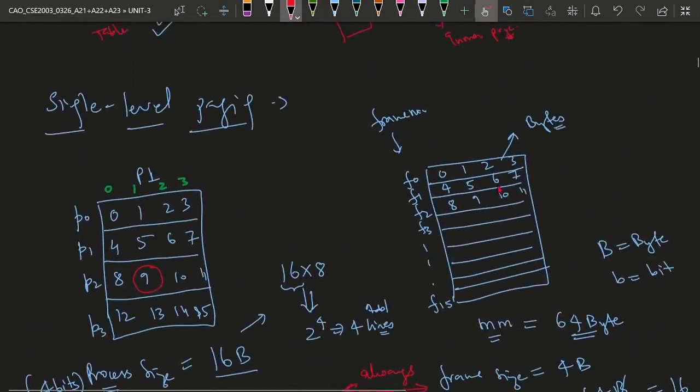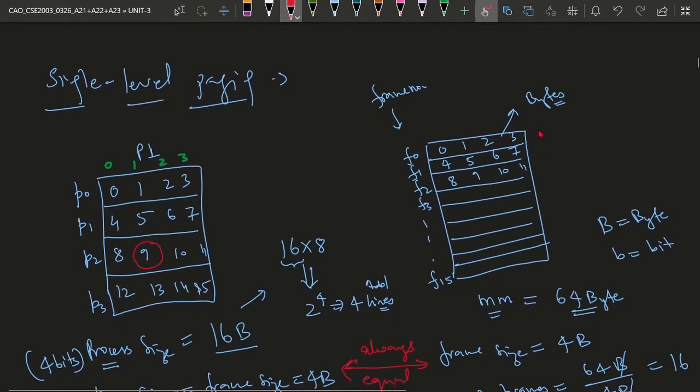So inside this frame, suppose P0 is stored at frame number 0, and P1 is stored at frame number 2. Similarly we can proceed further, like 11, 12, 13, 14, 15, 16, 17, 18, 19. Suppose this is frame number 0, 1, 2, 3, this is 4, this is 5, then 20, 21, 22, 23.